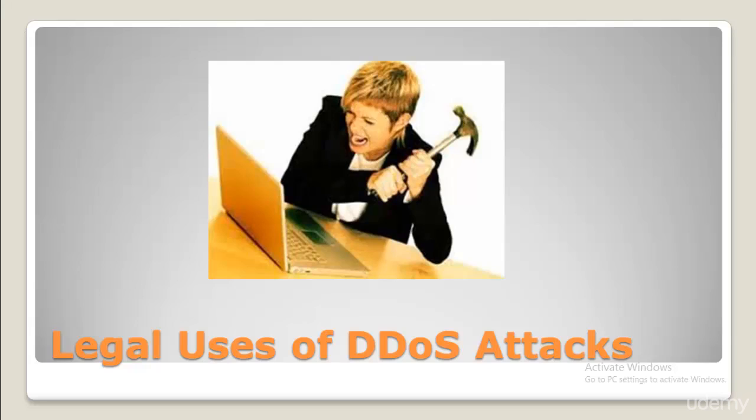Because if the website is down and people can easily get access, then anyone can distribute or leak any data that you have in the system. So these are the different types of attacks, and the different ways that a DDoS attack can be used for your own purposes.